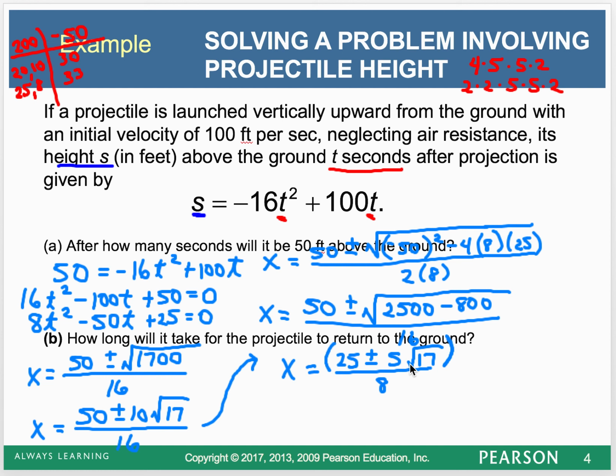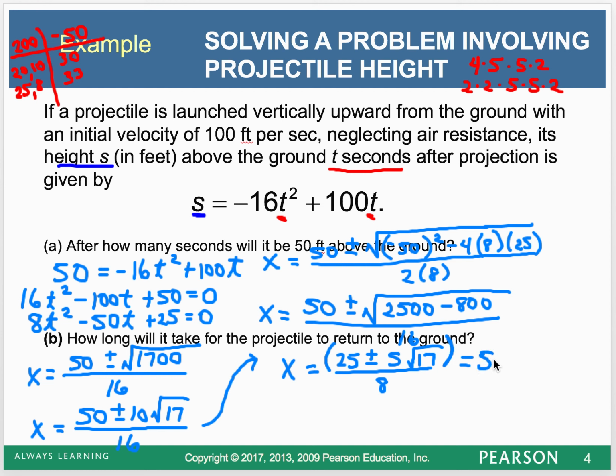So 25, let's do the plus one first. Plus 5, remember there's two answers here. Plus 5 times the square root of 17 divided by 8 is 5.7. I'm going to round to the nearest tenth.